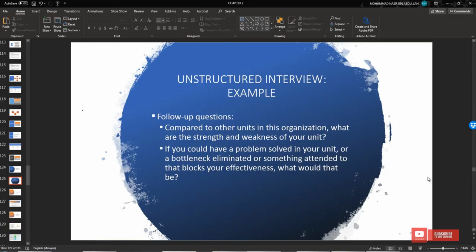If you could have a problem solved in your unit, or a bottleneck eliminated, or something that blocks your effectiveness, what would that be? So these are some of the questions that might help you get answers in unstructured interviews.